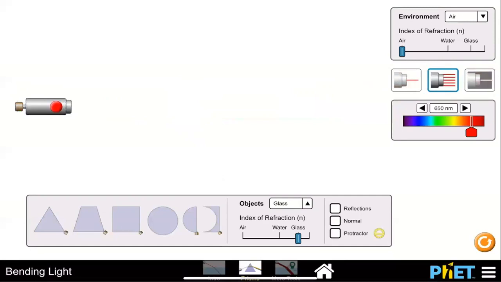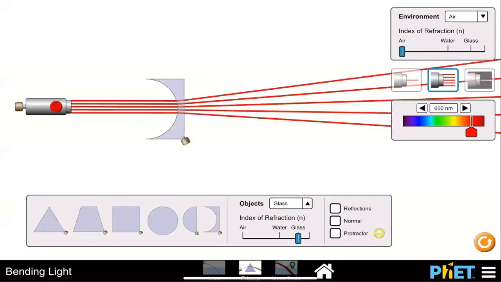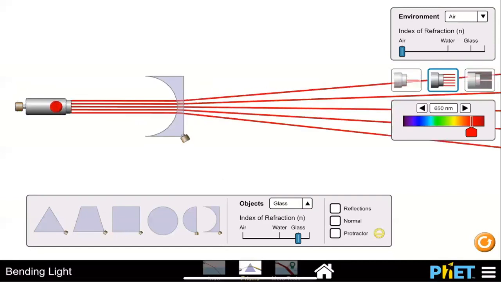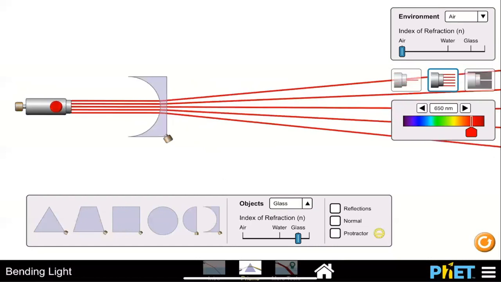So let's use now the concave lens. Here, with the concave lens, we are able to scatter the light. This is the reason why we call the concave lens the diverging lens.